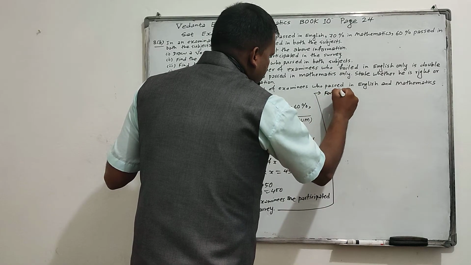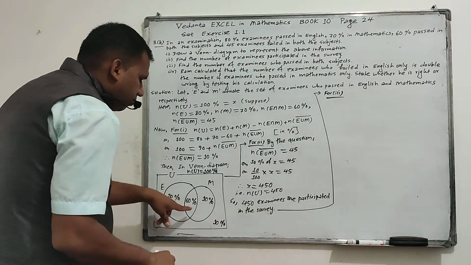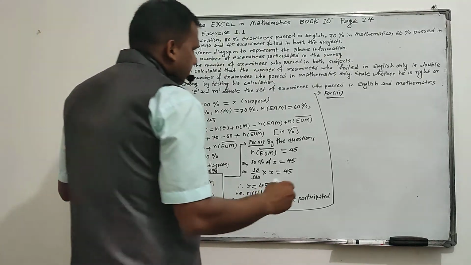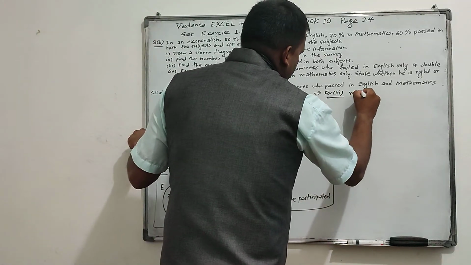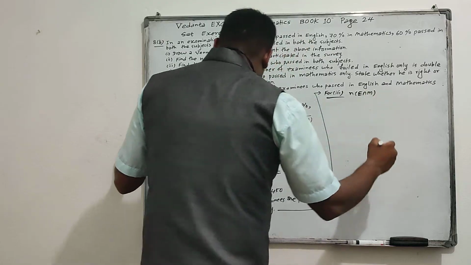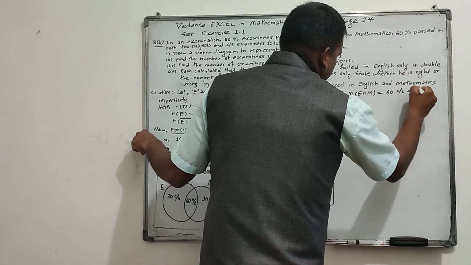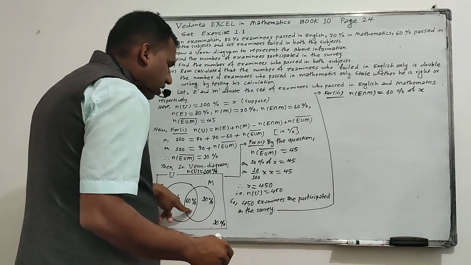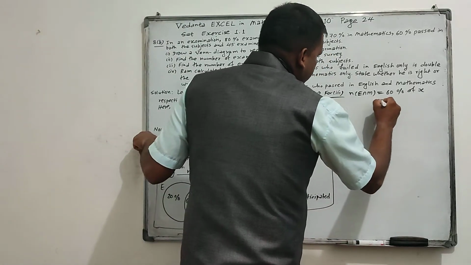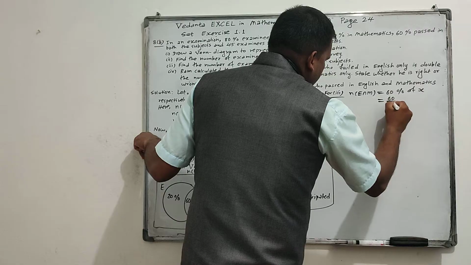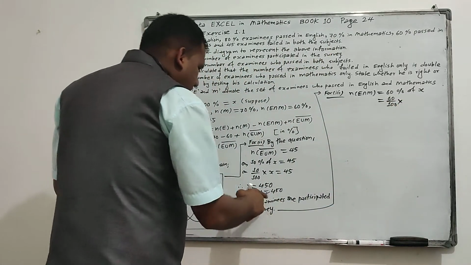From the Venn diagram, number of E intersection M equals 60% of X. Now 60% of X, that is 60 by 100 times the value of X, which is 450.